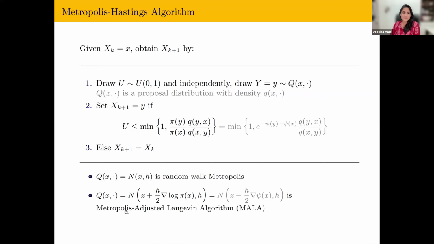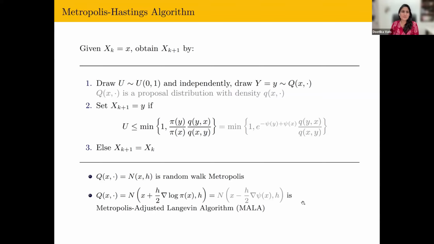Another is the popular MALA algorithm, or the Metropolis adjusted Langevin algorithm, where the mean of the proposal is shifted according to the gradient of log of pi of x. Just to reiterate my notation, the gradient of log of pi of x is nothing but the negative of the gradient of psi of x.